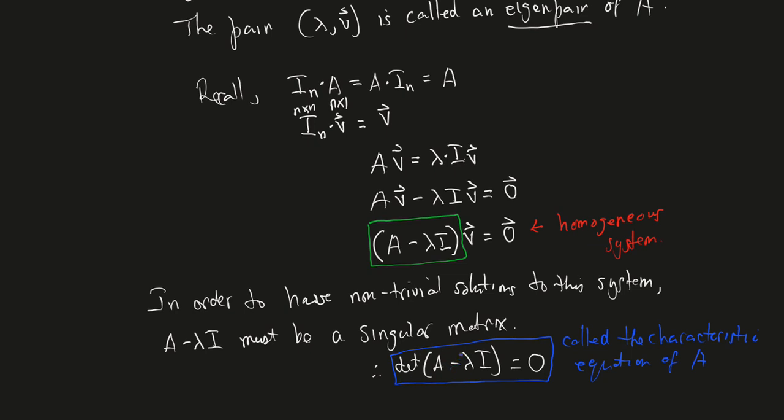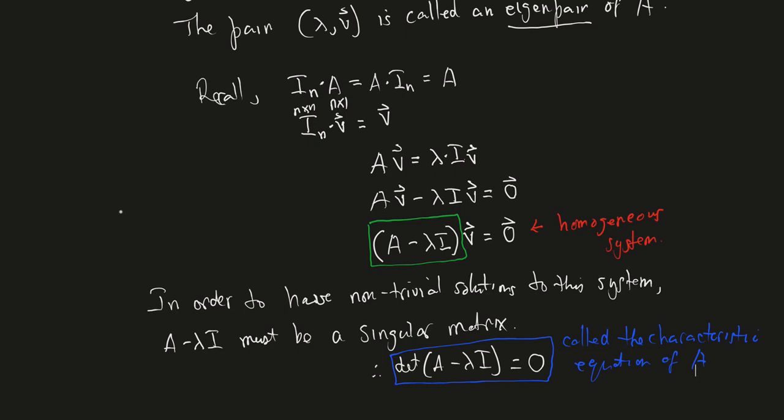It only has the unknown scalar lambda. So if I could somehow figure out what this determinant is on the left-hand side and set it equal to zero, then that should, in principle, give me a way to solve for lambda.